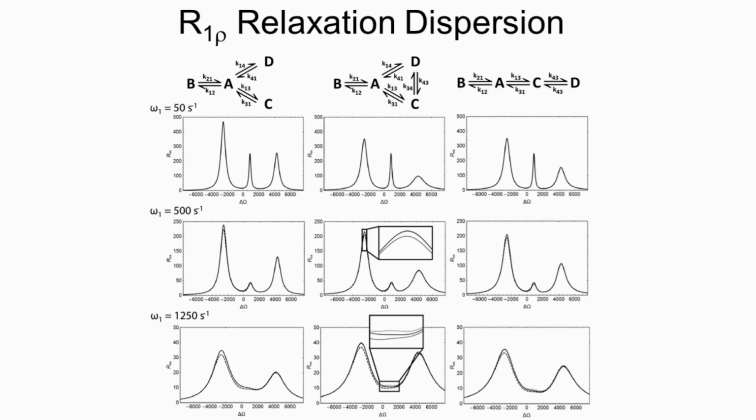So in the upper row, we can see that there's 3 peaks, suggesting that it's a 4-state system.